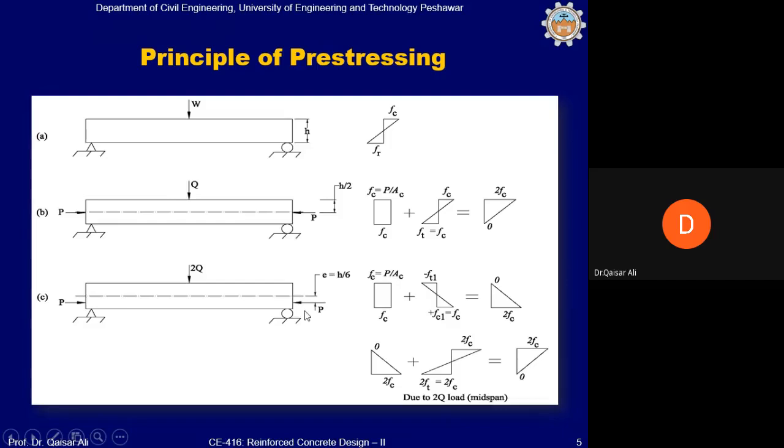When this force P is applied here, P multiplied by this E will produce a bending moment which will bend the beam slightly upward.